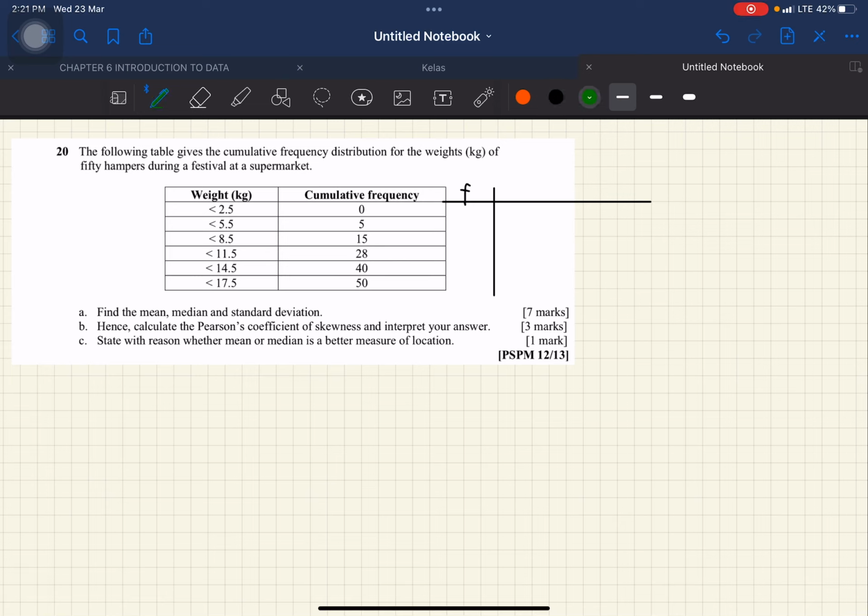Okay, so the first one the frequency is 0, second one frequency adalah 5, third one is 10, 15 minus 5 is 10, then 28 minus 15 is 13, and then you have 12, lastly you will have 10. Okay, so macam mana awak nak tahu nilai frekuensi awak ni betul? Dia punya total of frequency mesti sama dengan nombor akhir cumulative frequency awak, which is equal to 50. So kalau tak dapat 50, there's something wrong somewhere.